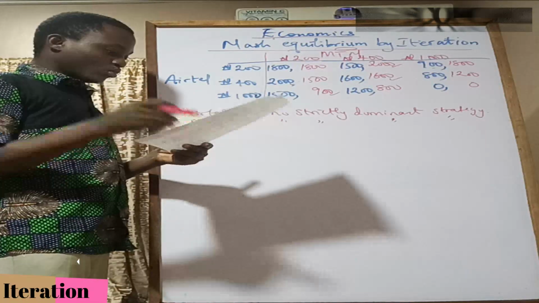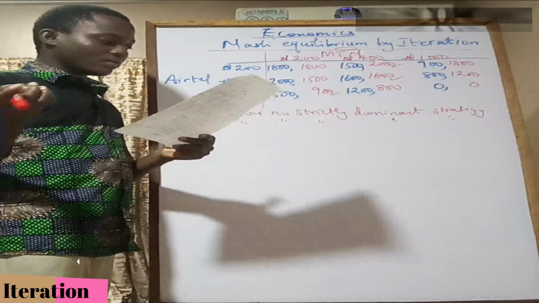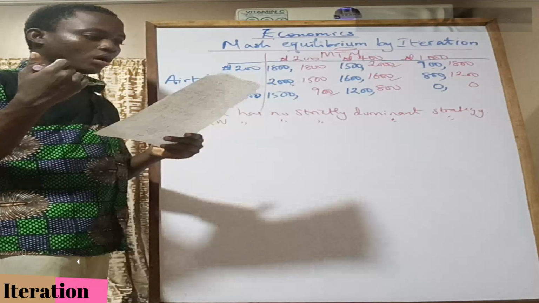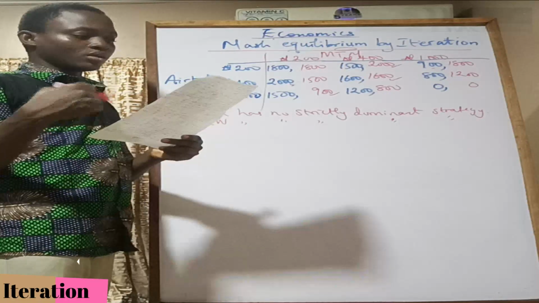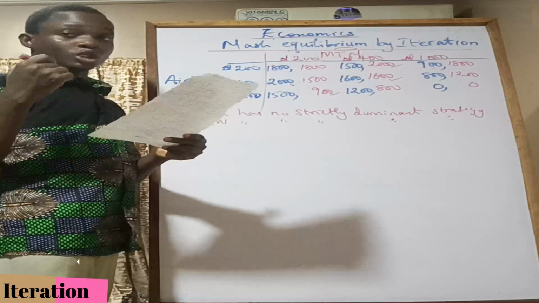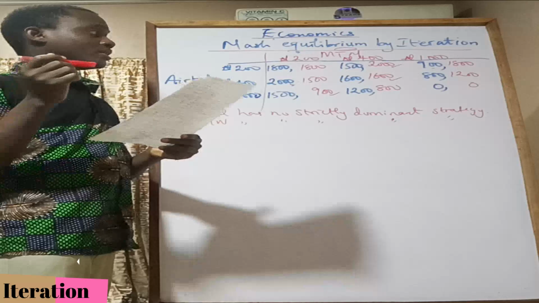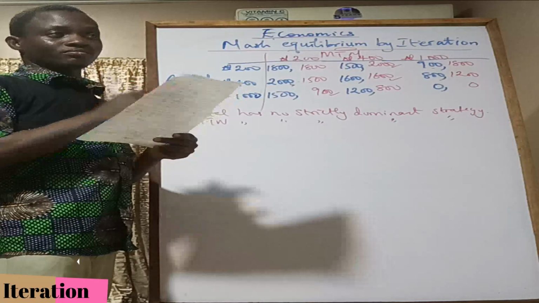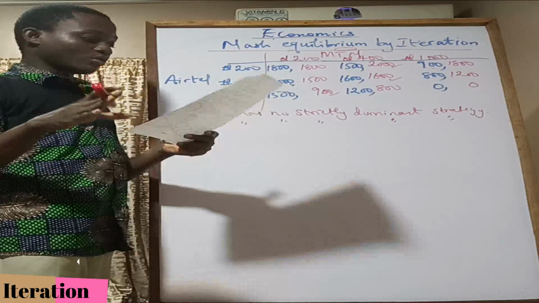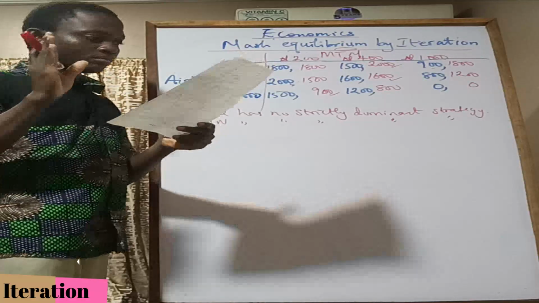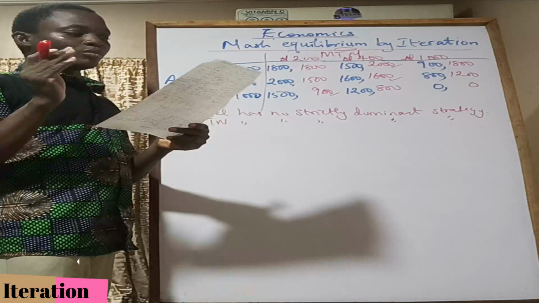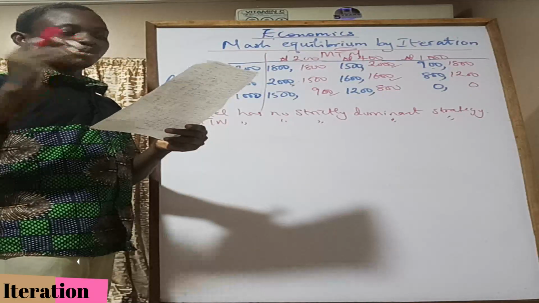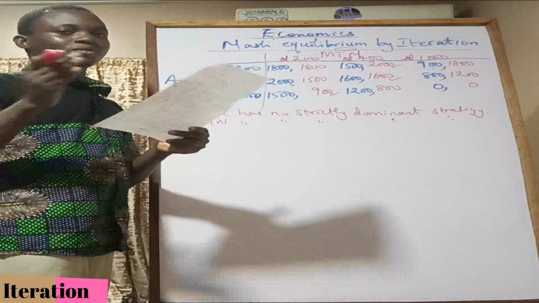All right, so you define it, then it asks: does each company have a strictly dominated strategy? Is there a strategy that is really bad for the two of them? Then it says if so, which company and which strategies are strictly dominated and what are they strictly dominated by.